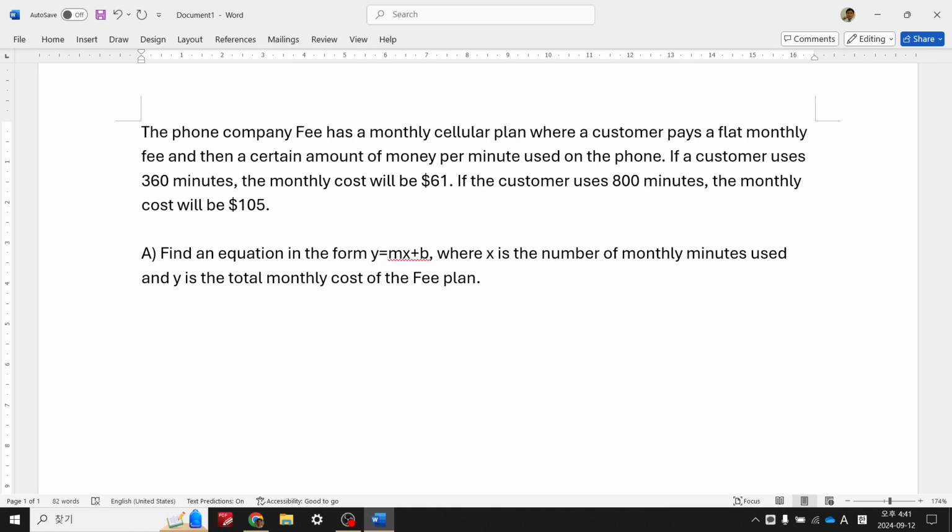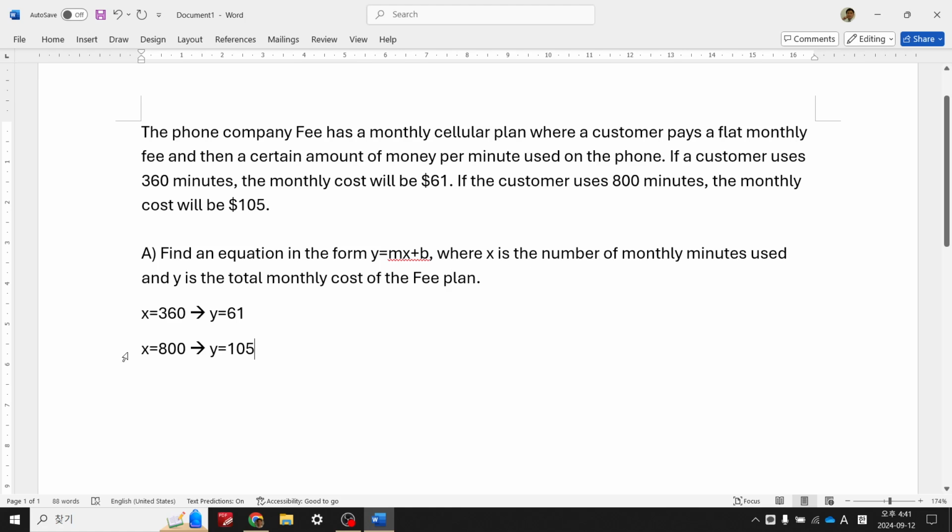Okay, so how do you answer that? Well, we just did something like this yesterday. And the reason I say this is, think about the following. Because x is the number of monthly minutes, when x is 360 minutes, what do you get for the y? $61, right? And when x is equal to 800 minutes, what do you get for the y? 105.